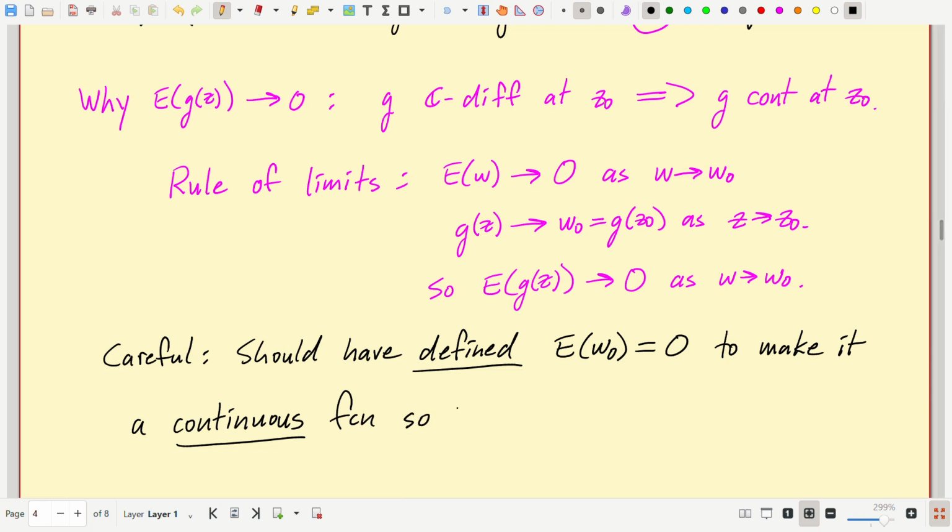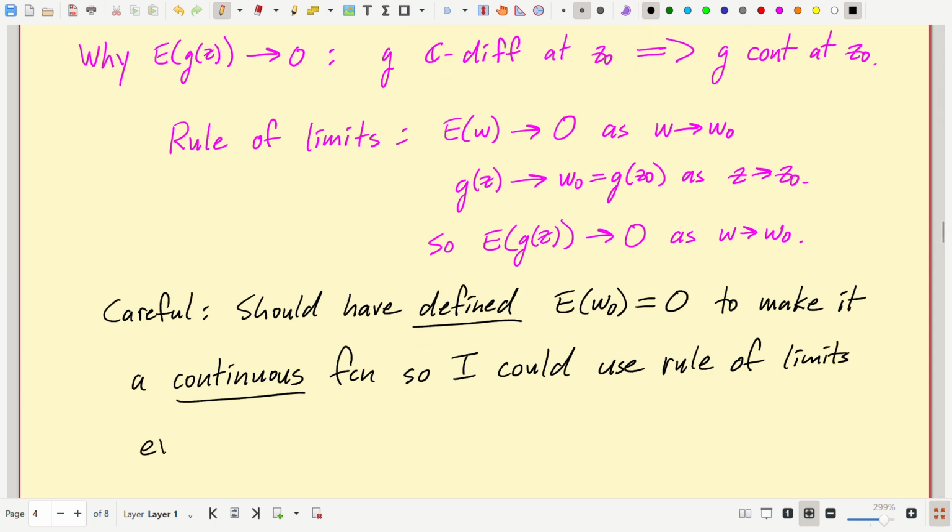So I could use the rule of limits, even in case we have some G of Z's that are equal to W naught when Z is unequal to Z naught.